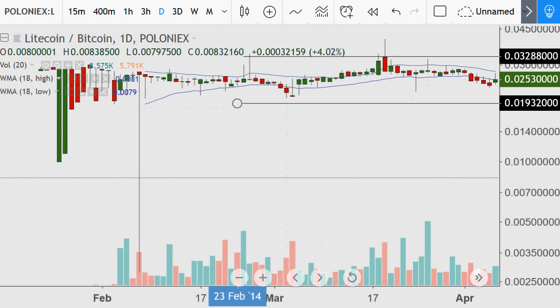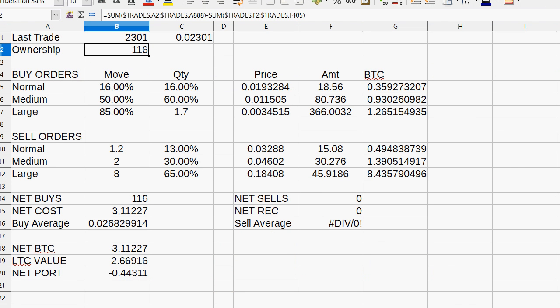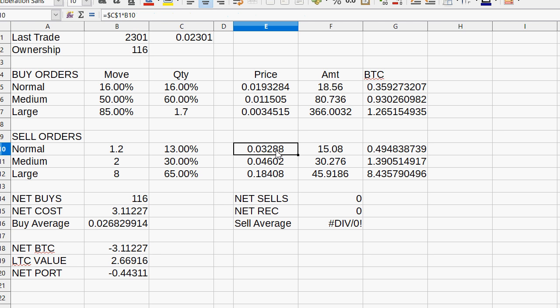Okay, we're already at 3288. So it should be lower than that. Okay, now my monkey brain has to figure out what's going on here. So we're taking C1, which is the price, multiply B10. $32.88.